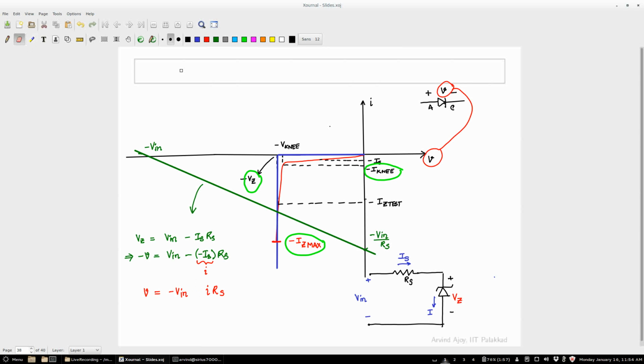So this quantity is nothing but your small I, right? So if you now apply everything with a negative sign, I will get V equal to minus V in, minus I times RS.